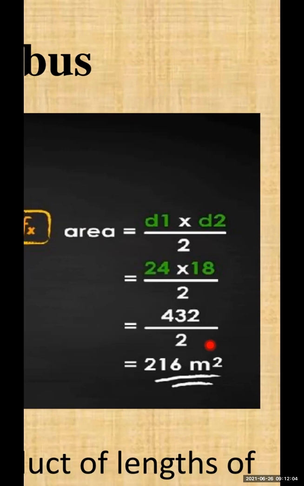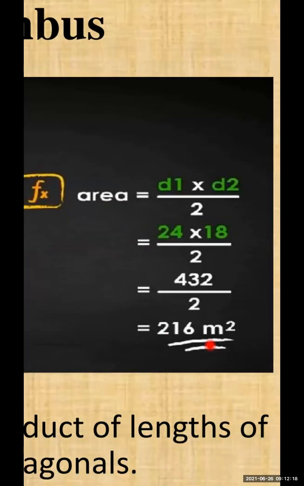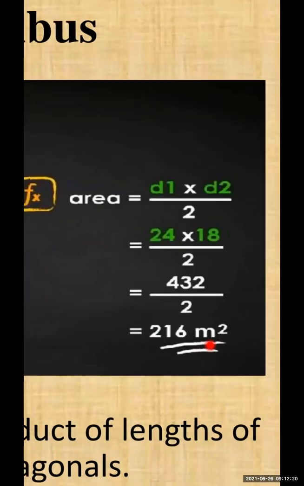They have done the multiplication and then reduced by 2. You can reduce the number and then do the multiplication. One and the same, your answer will be the same whatever it is. ठीक है, तो यहाँ पे आ गया आपका आंसर. The final answer is 216, and the unit is meter square. See here, the unit is meter square. So if the lengths are given in meters, the unit will become meter square.